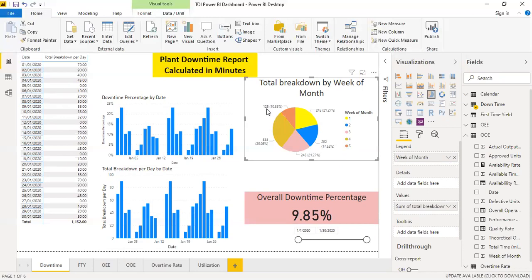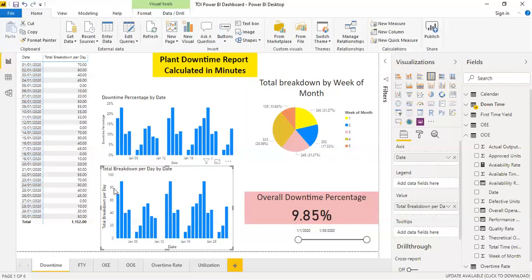They had 125 minutes of breakdown in this particular week, which is the fifth week as it is showing, and this was 10.85% of the total. There were 245 minutes of breakdown in the third week, and that was 21% compared to the overall. So this is how it works. This graph is for total breakdown per day by date.